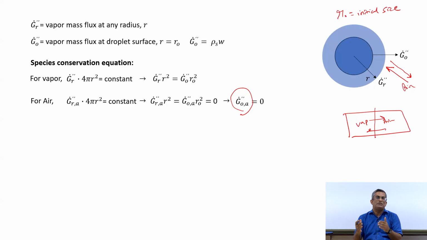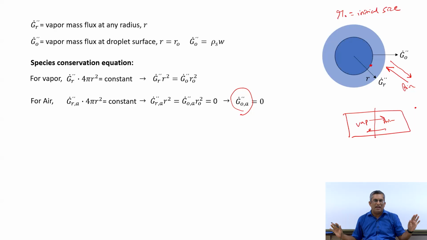Okay, Fick's law of diffusion tells us the diffusion flux. Okay. So, the concentration of vapor at the surface is higher than the concentration of vapor far away from it. For example, again if you consider water droplet in the air, then you have to see what is the vapor concentration in air.